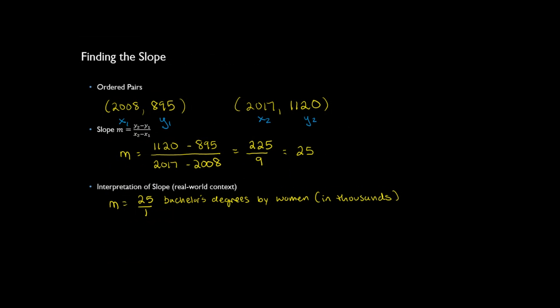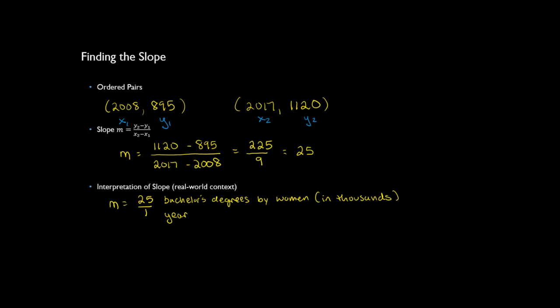And then in the denominator, we were dividing by number of years. So if you match up those numbers, in 1 year, 25,000 bachelor degrees were earned, or this is increasing because slope is telling you how much it's changing, and if it's positive, it's increasing.